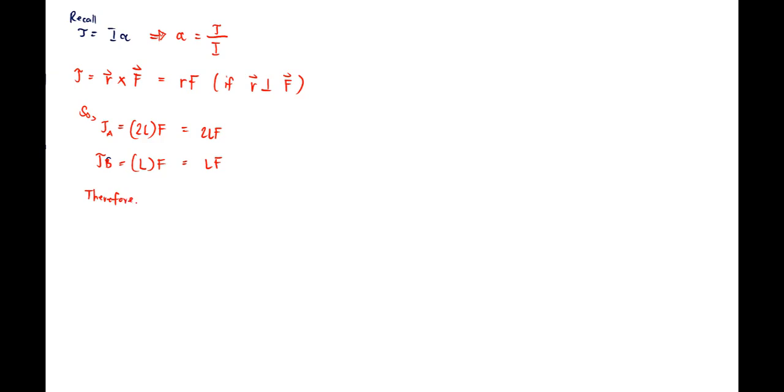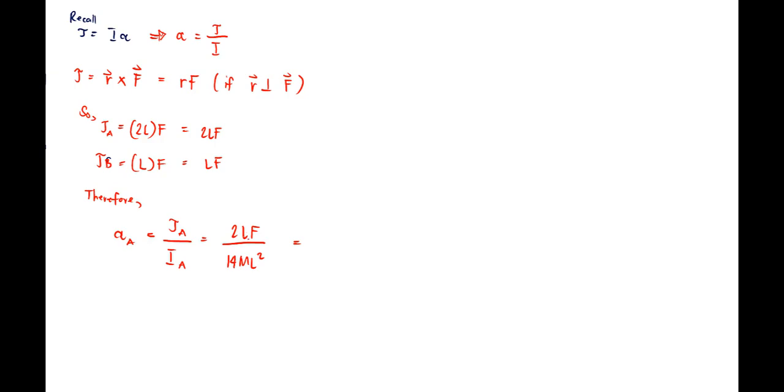Therefore, alpha for system A, the angular acceleration for system A, is equal to the torque of A divided by the moment of inertia of A. So this is 2LF divided by the moment of inertia, 14 ML squared. We can further simplify this.